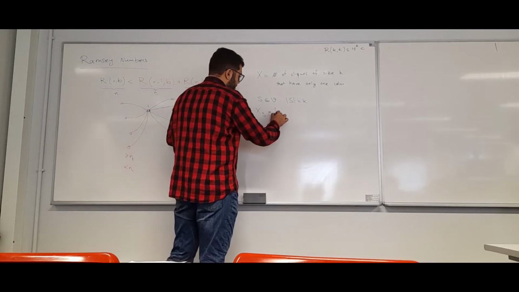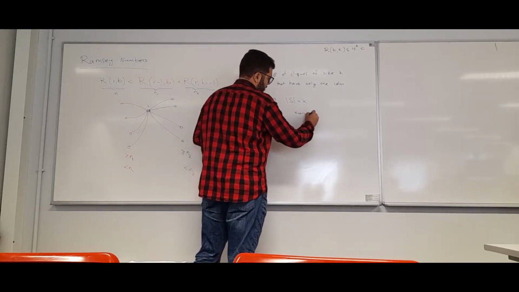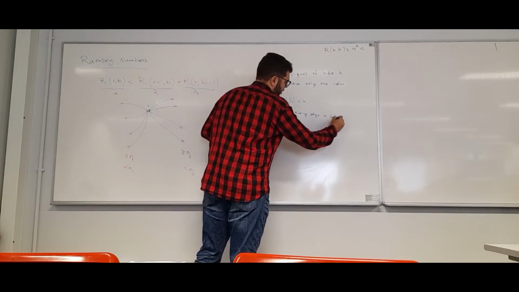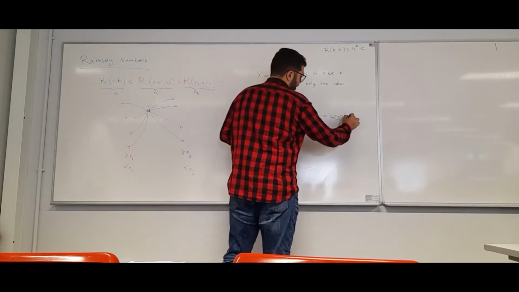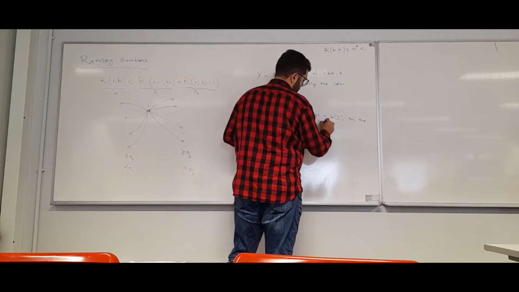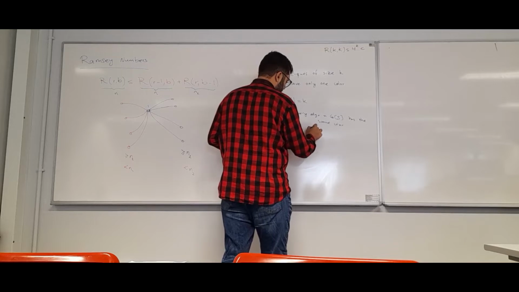So X_S is 1 if every edge in my graph G, when limited to S, has the same color, and it's 0 otherwise.